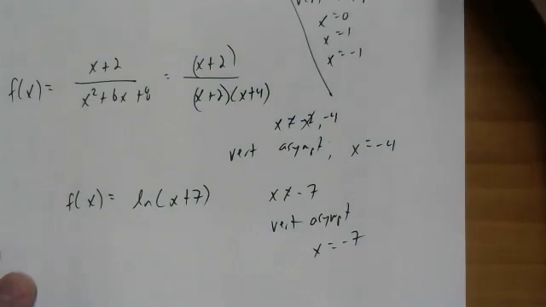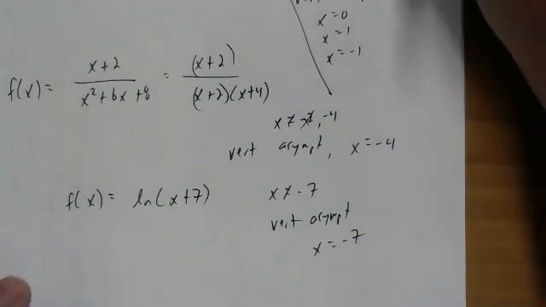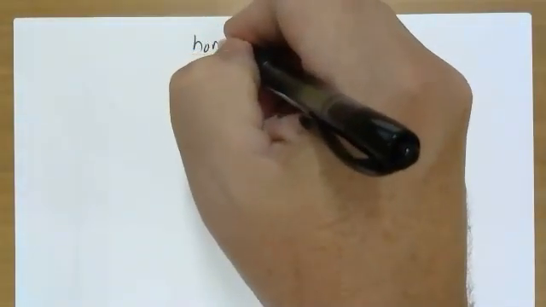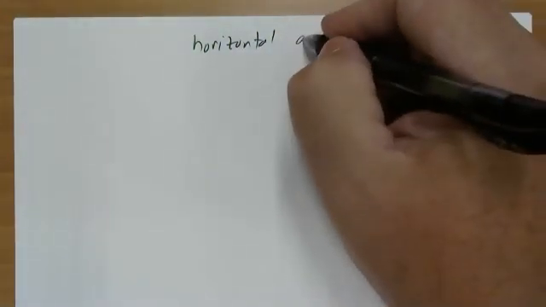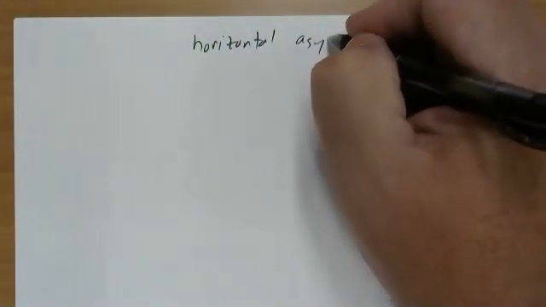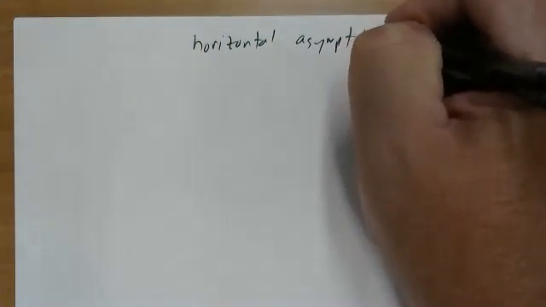All right, let's move on to horizontal asymptotes. Once again, this should be review. There are a couple different ways to do this, but I'm just going to do it the way I prefer, and the way I taught. Let's just do some of these.